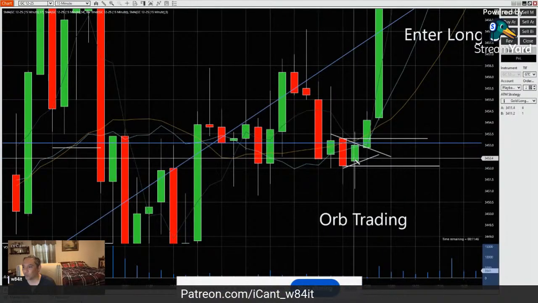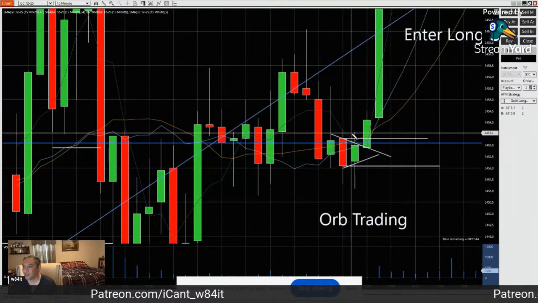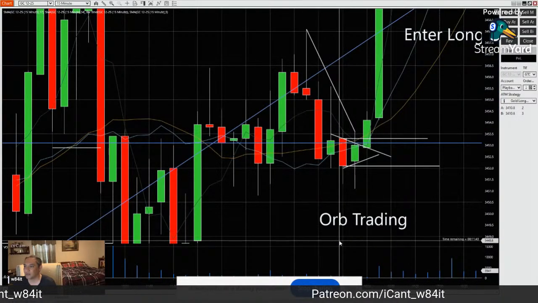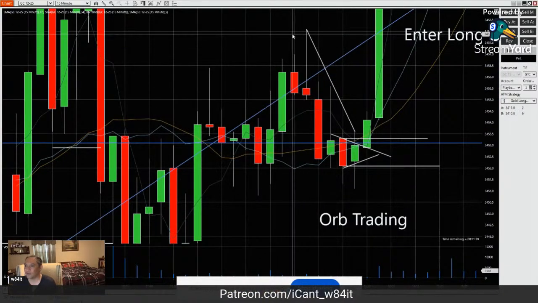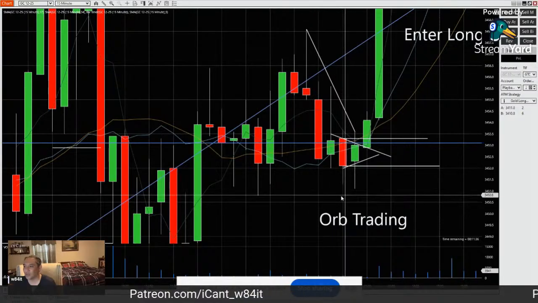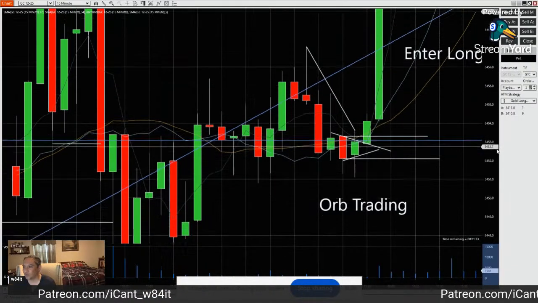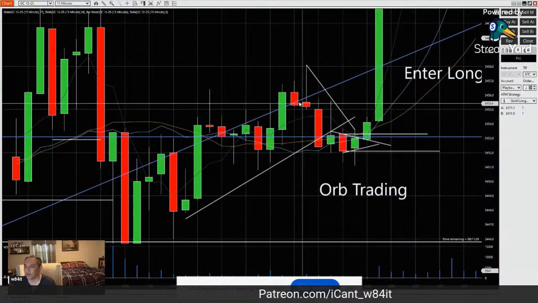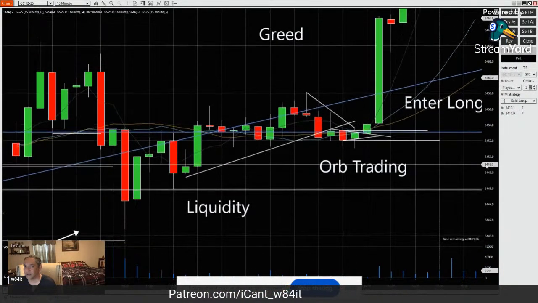I would only look at an ORB trade if I have potential to the upside, right? If I'm coming down from a push, but then also, what am I creating here? Another kind of pennant, right?